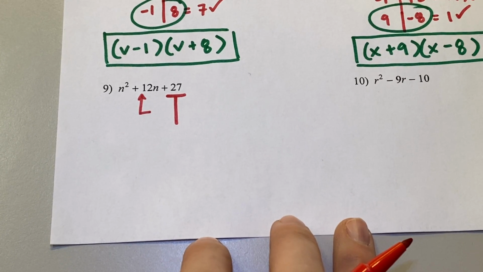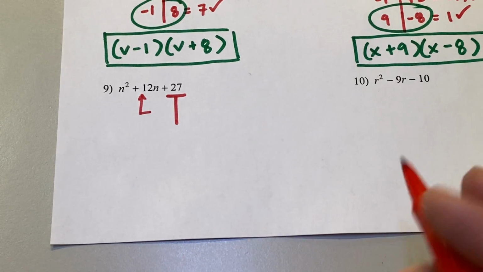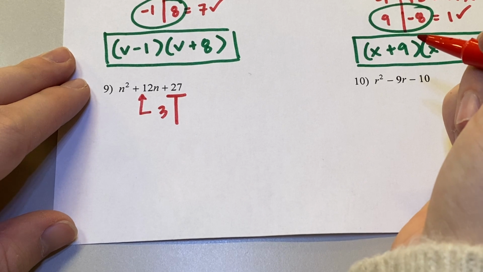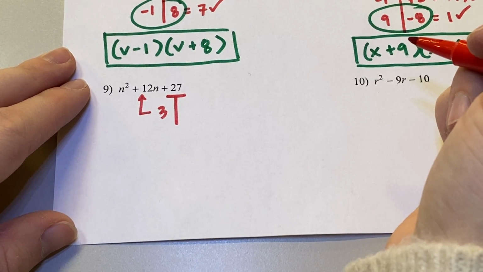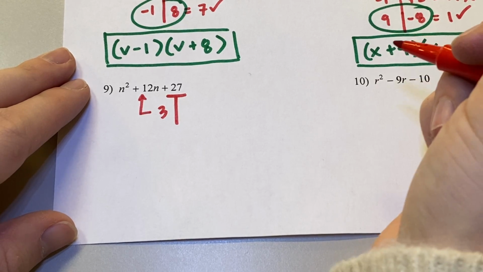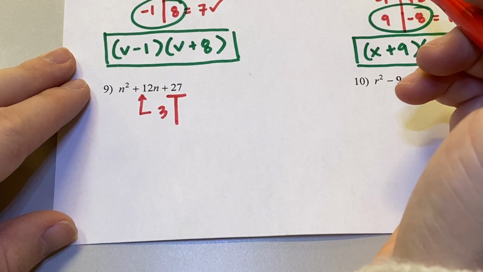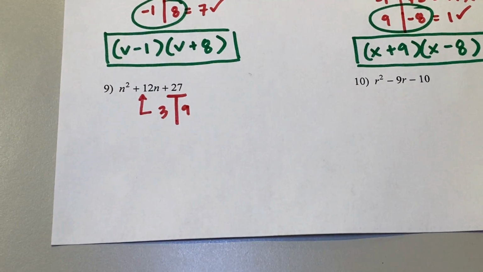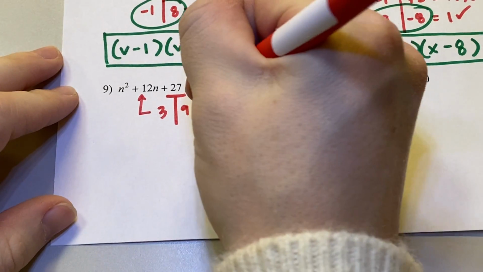Ricky? 3 and 7. Ooh, very close. 3 times what would give me 27? 27 divided by 3 is 9. There we go. 3 times 9 does give me 27. Let's add them together. What's 3 plus 9?